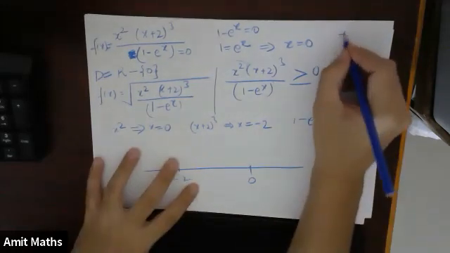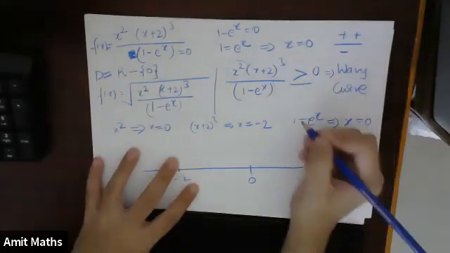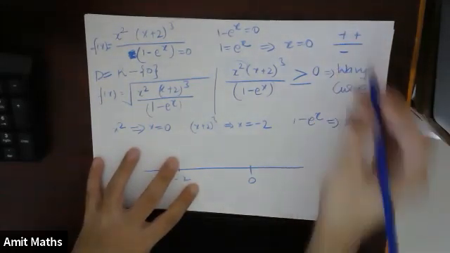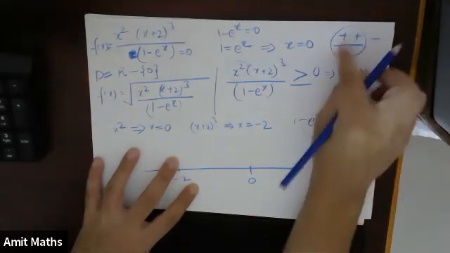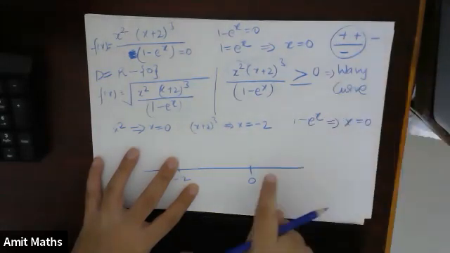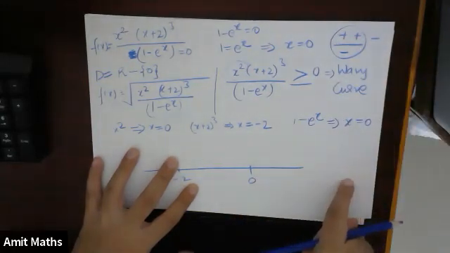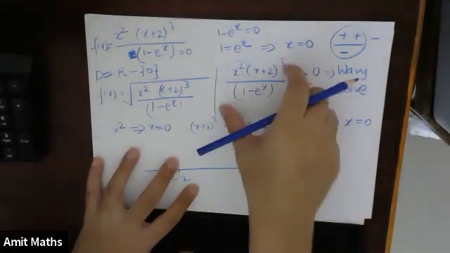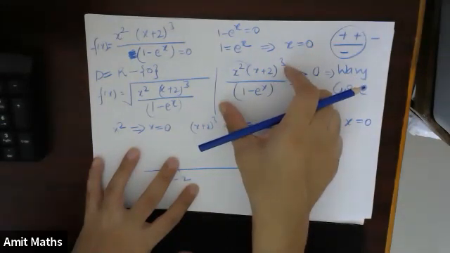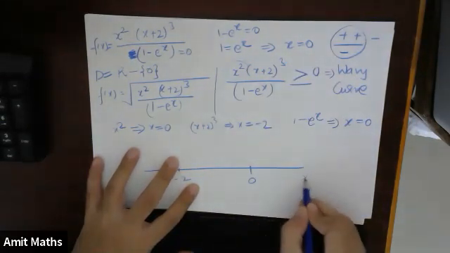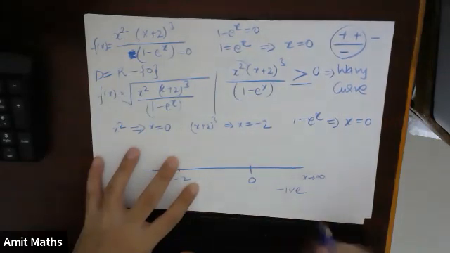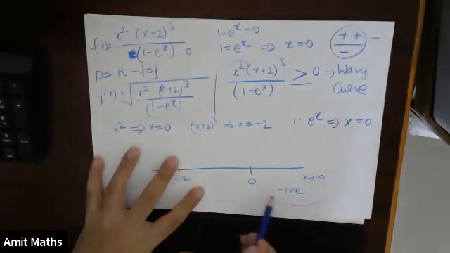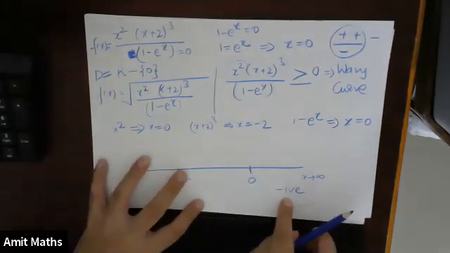So the overall sign becomes negative. Even if I increase x, the sign of the total will still be negative. That means at x tending to infinity, the overall sign was negative, so the wavy curve will start with a negative sign.